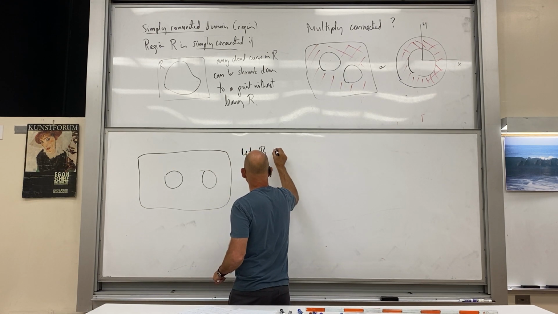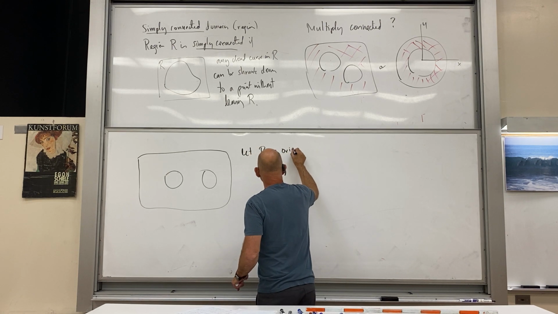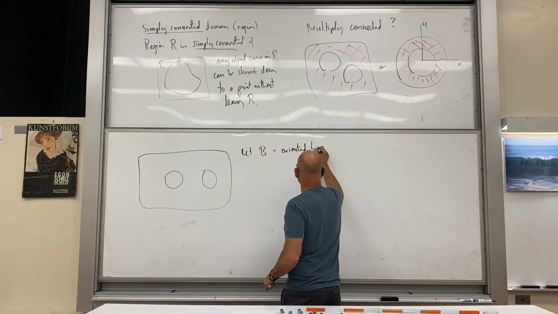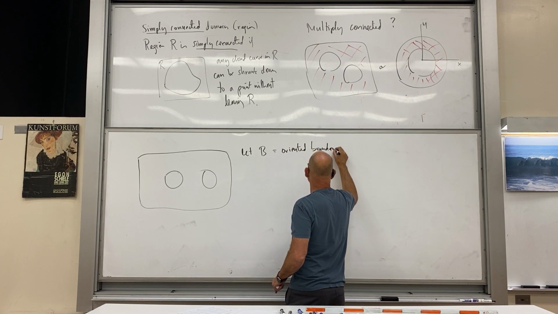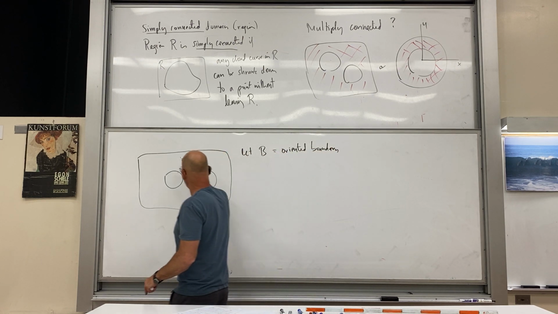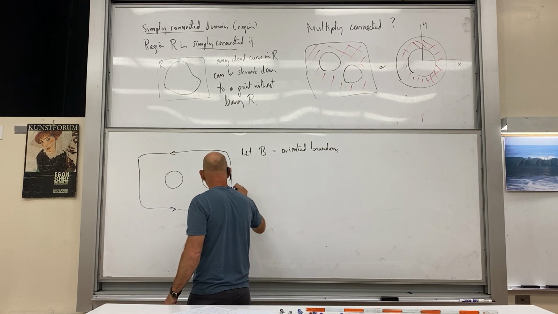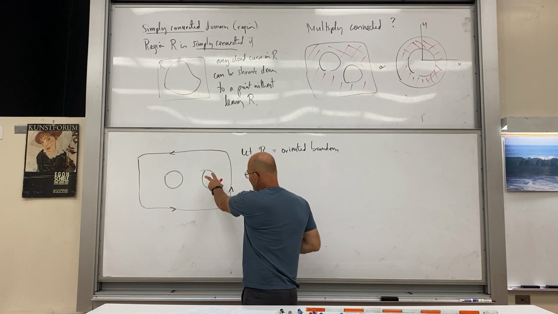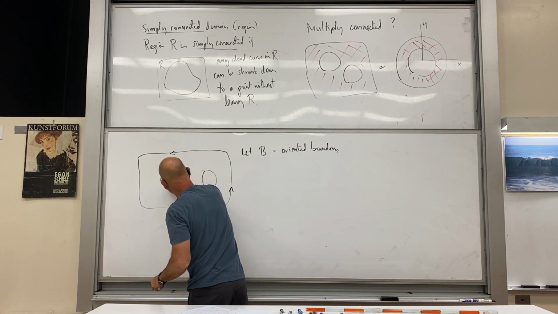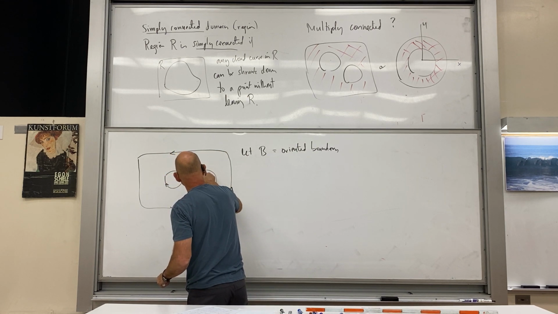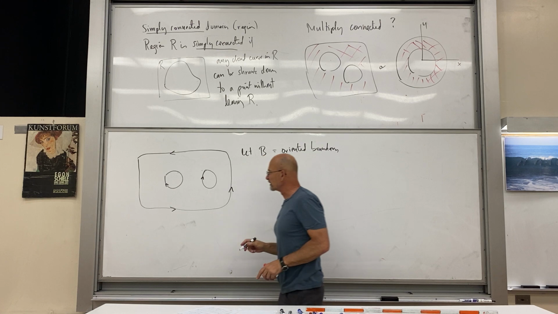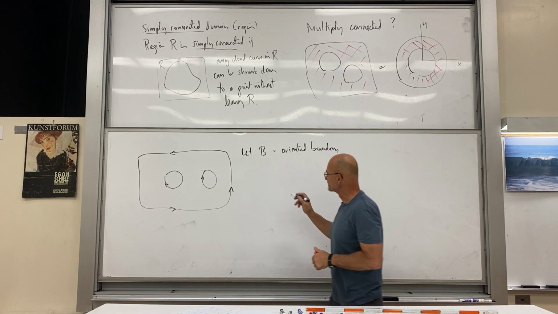Let B be the oriented boundary. That means we go around the outside, but the boundary is in here as well, and these we traverse clockwise. That's the oriented boundary of this entire region.